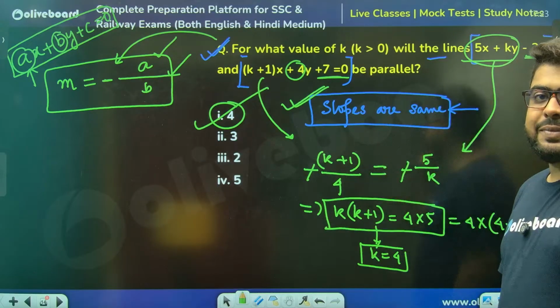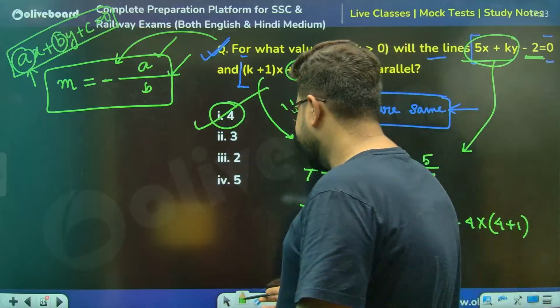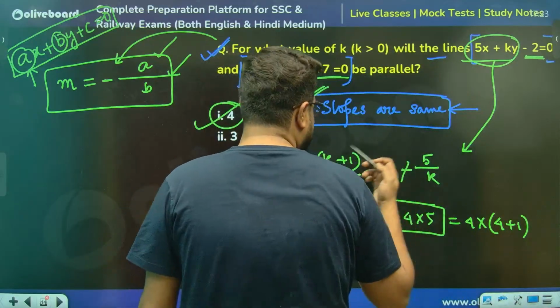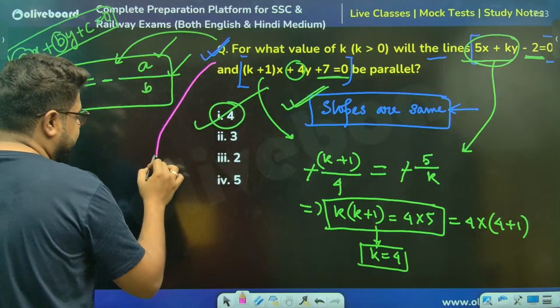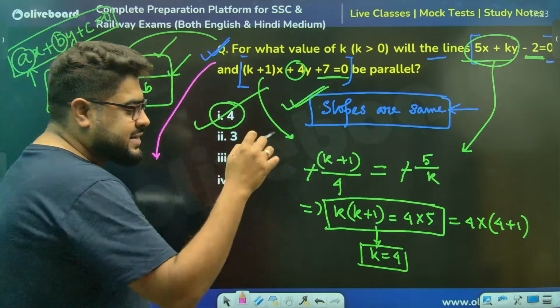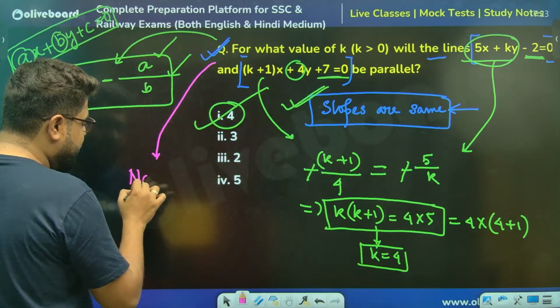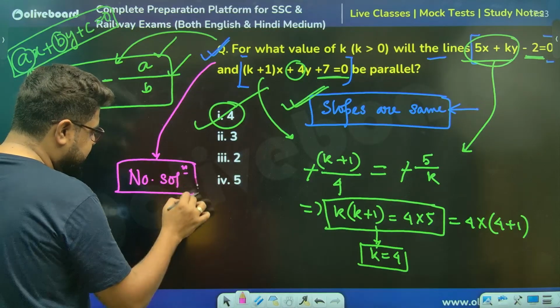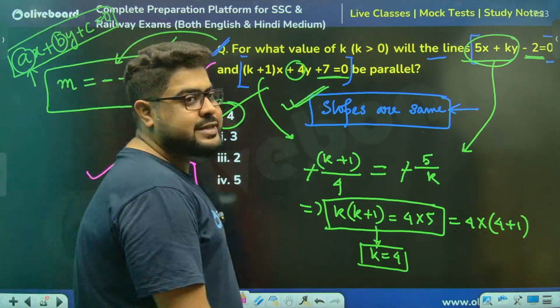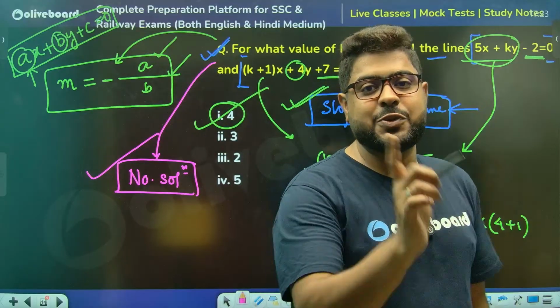Now again, please understand here. A bonus point, sir. This is the same situation when two lines are parallel. This is the same condition for no solution between two linear simultaneous equations. If you have remembered, no solution.